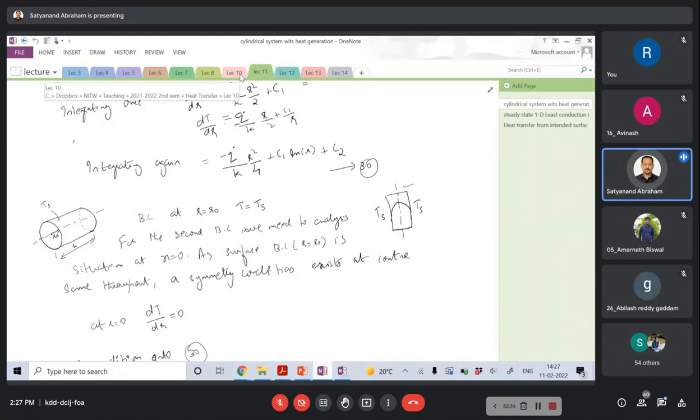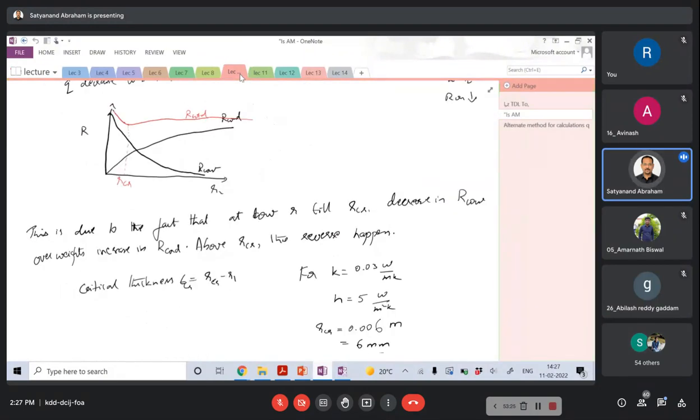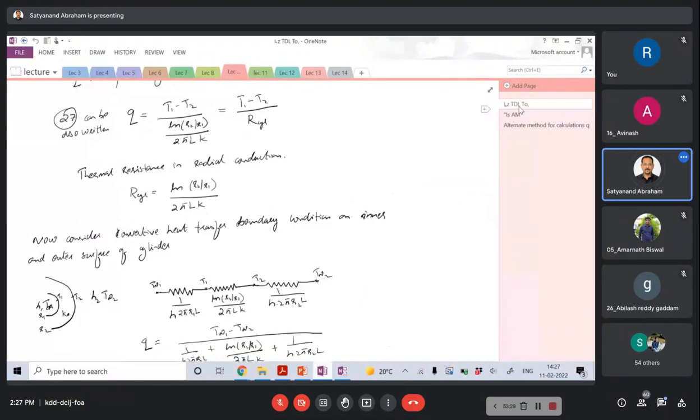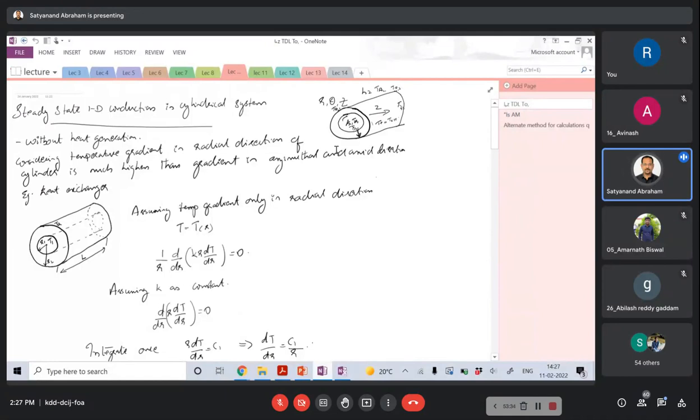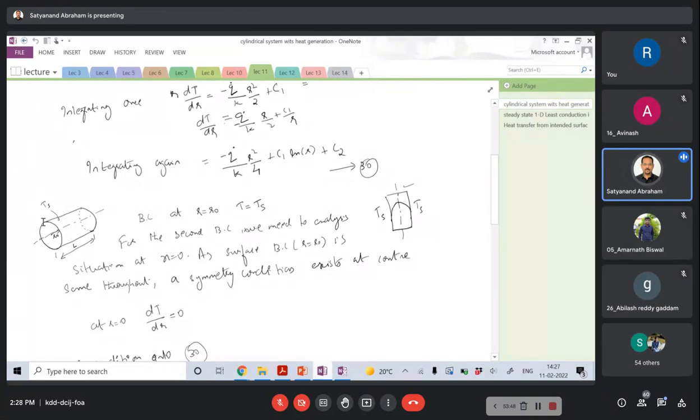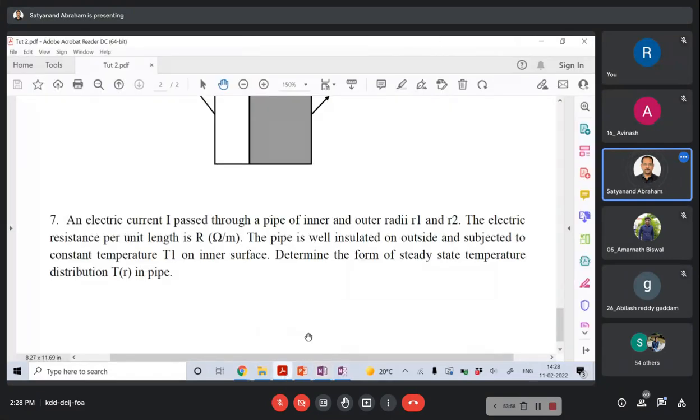But for a steady state condition without heat generation we considered it for a hollow cylinder, because we said that for a solid cylinder steady state heat conduction without heat generation is not possible, because for that there needs to be a heat in and heat out in the radial direction. If it is a solid cylinder that is not possible, but with heat generation we consider it for a solid cylinder only. We didn't do any analysis for the pipe or a hollow cylinder. So that's why this question is included over here.